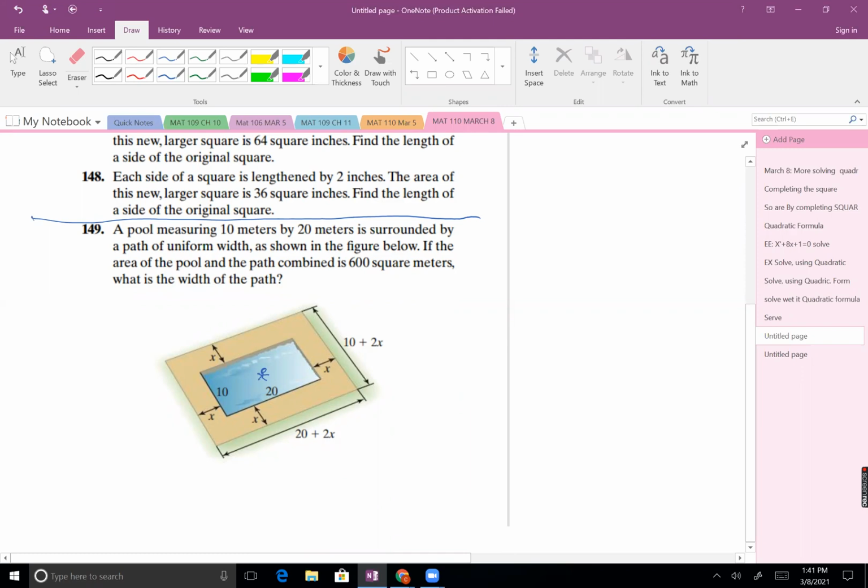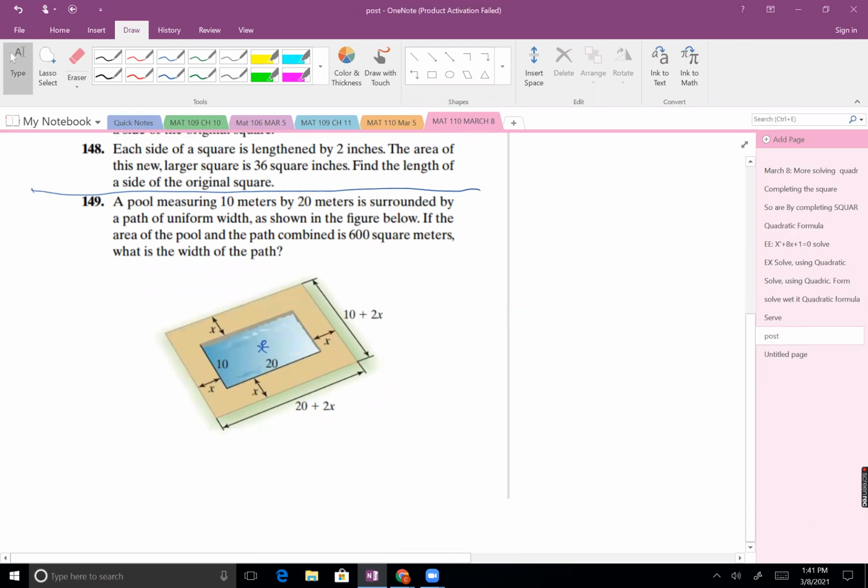Never mind. A pool measures 10 meters by 20 meters. It's surrounded by a path of uniform width, as shown in the figure below. If the area of the pool and the path combined is 600 square meters, what is the width of the path?